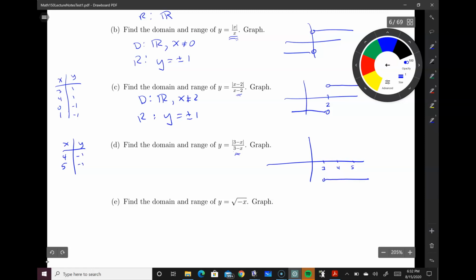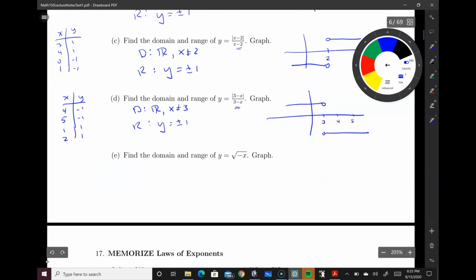So -1 down here. And if I plug in 1 or 2, I end up getting +1. So it's the other way, which is different. All right, so the domain is going to be all reals except 3, and the range again will just be your plus and minus 1.